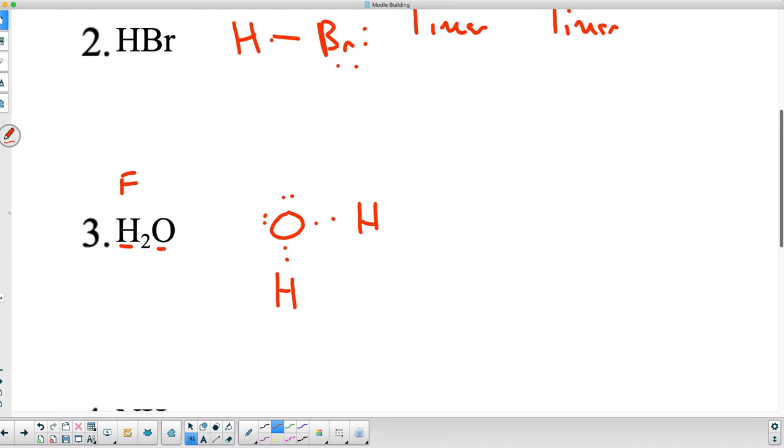Now, the problem is that with the Lewis structure, it can look like we could end up with oxygen looking like this, and hydrogen like this, and you're saying, well, why is this not linear?